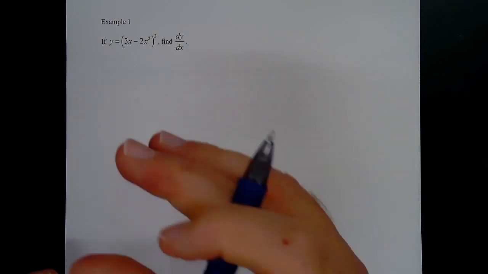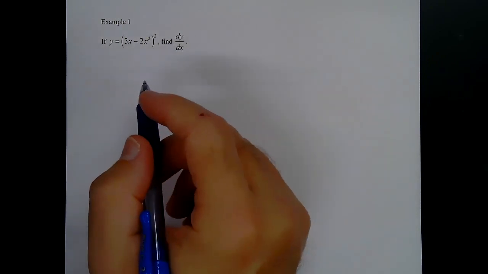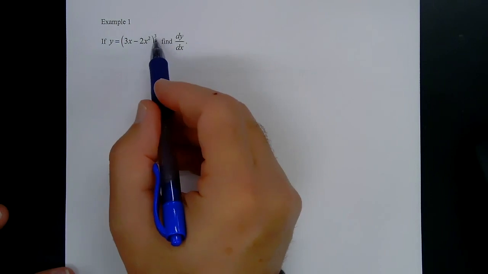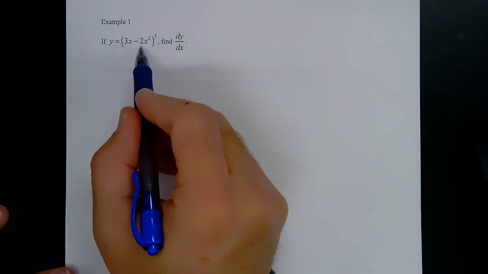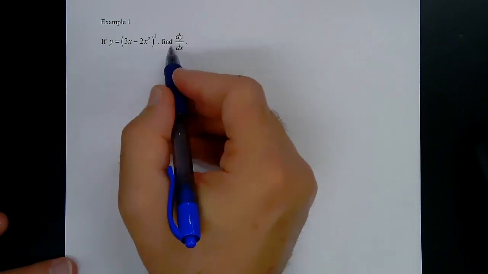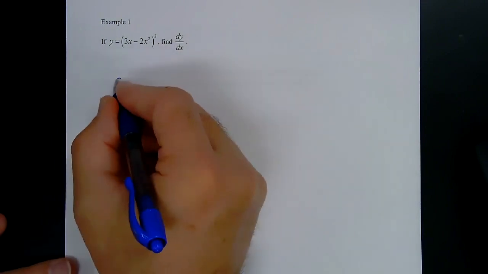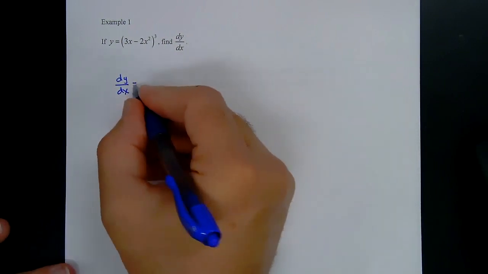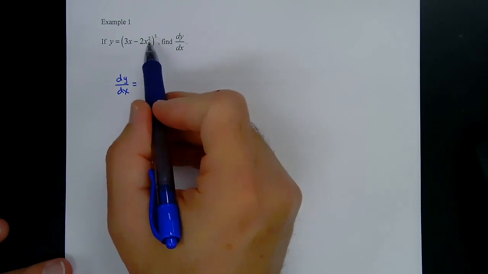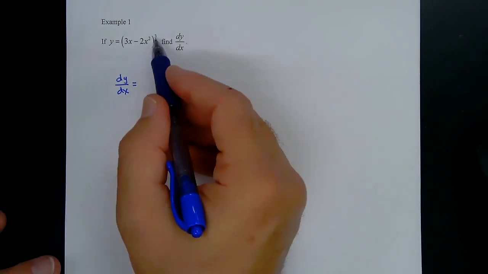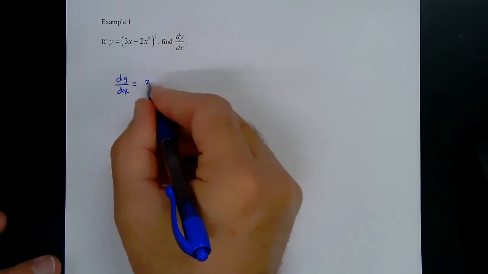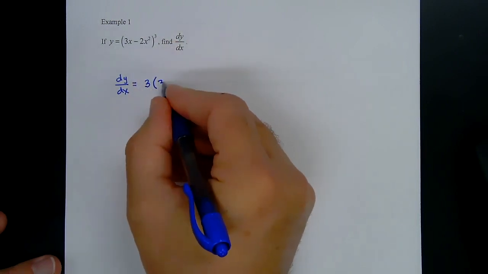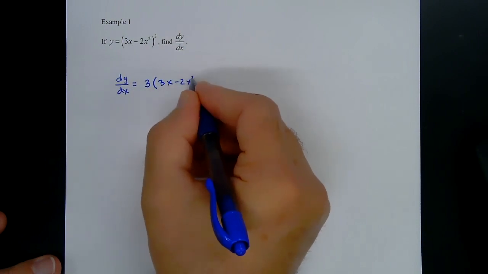So one of the difficult things is picking out what's the inside function and what's the outside function. In this case, I tried to make it start out kind of easy. The outside function is this cubing function, and inside this we have the 3x minus 2x squared function. So if I want to find the derivative with respect to x, so dy over dx, we're not going to do the u thing. What we want to do is take the derivative of the third power. So if you have something to the third power, you bring the power down, keep the inside the same, so that's 3x minus 2x squared.